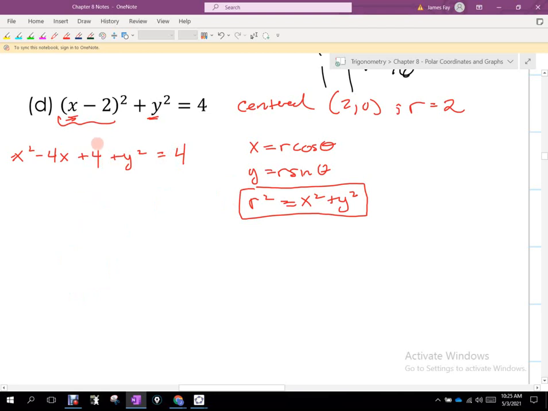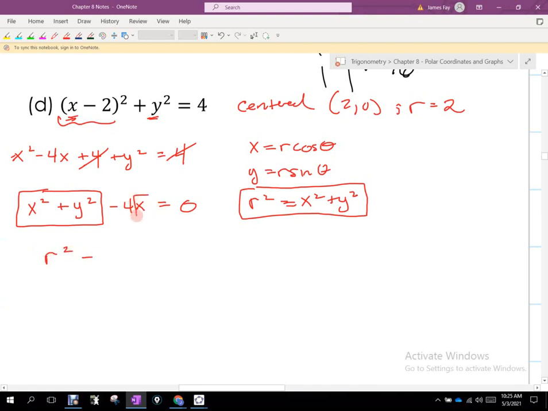Now, in the examples that we've seen so far, the 4's cancel out. That's not always going to be the case. That just happens. So now I get x squared plus y squared minus 4x equals 0. What can I do with that now? Replace it with r squared.